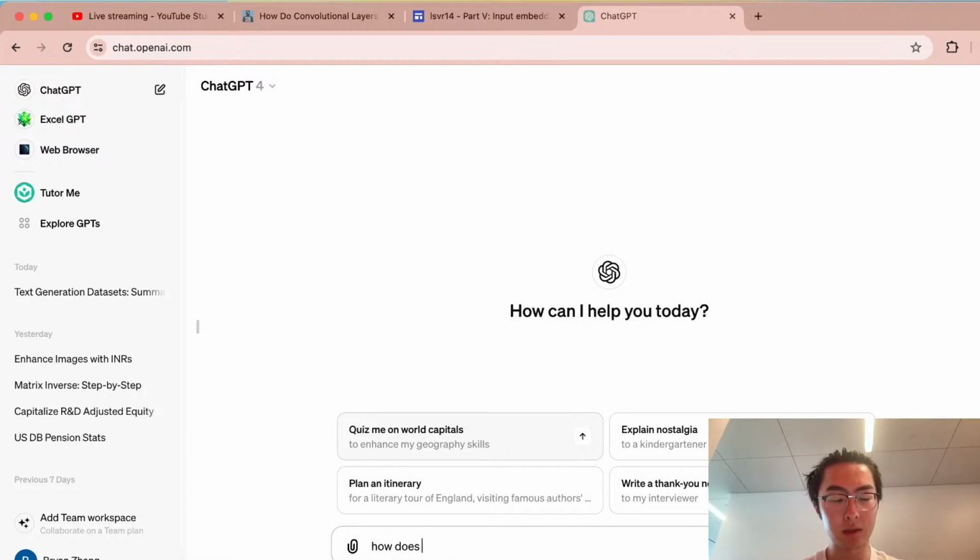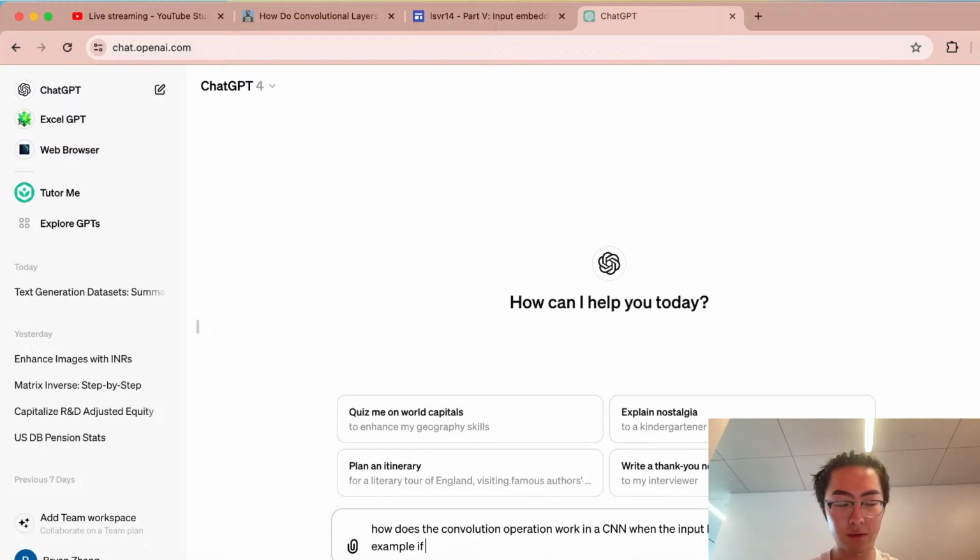How does the convolution operation work in a CNN when there's multiple channels? For example, if the input is 100 by 100 by 3, and we have a filter that is 5 by 5 by 3.